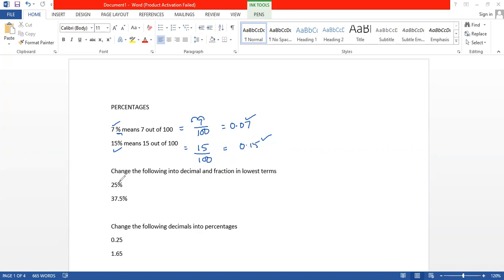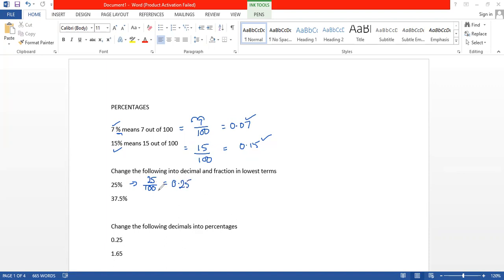Now, in the first example, we are asked to change the following into decimals and fractions in their lowest terms. So let's do it for 25% first. Because we have the percent sign, that means 25 over 100. If I convert it into a decimal, that means 0.25.